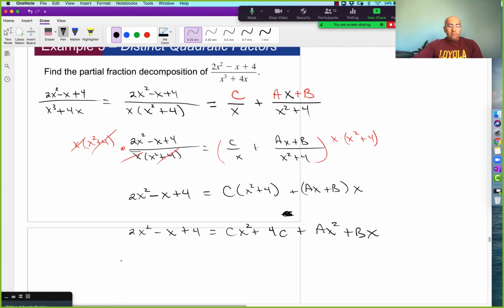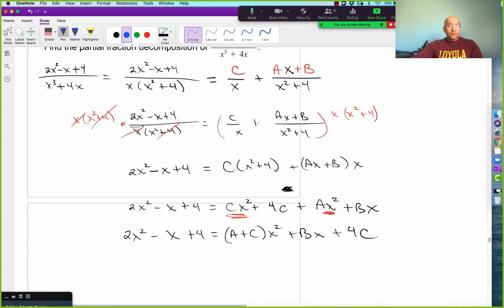Now I want to combine them by powers of x, so 2x squared minus x plus 4 equals a plus c times x squared. That takes care of the x squared terms. And then there's a bx plus 4c.